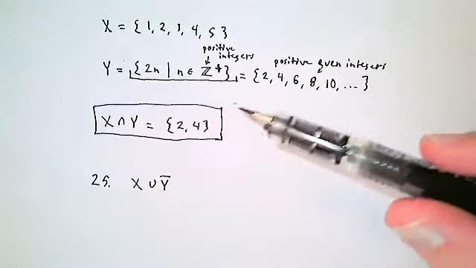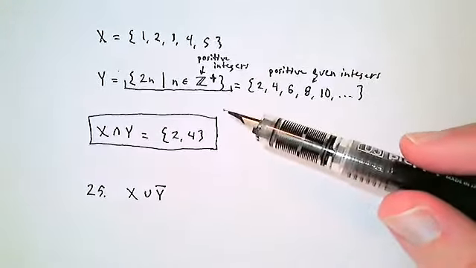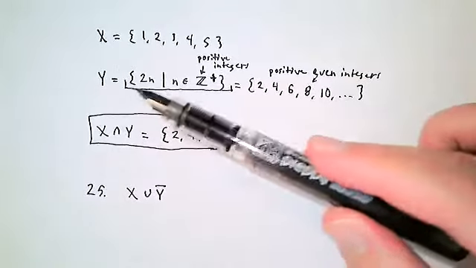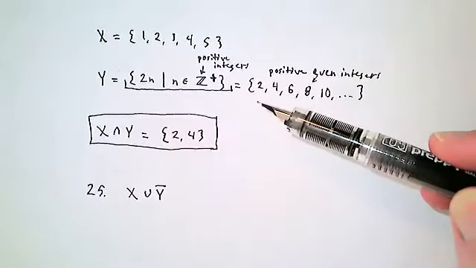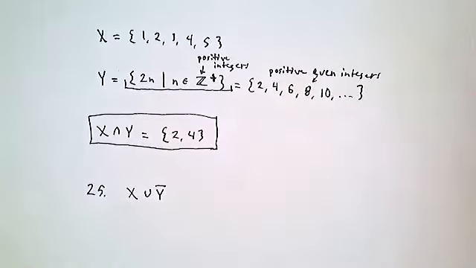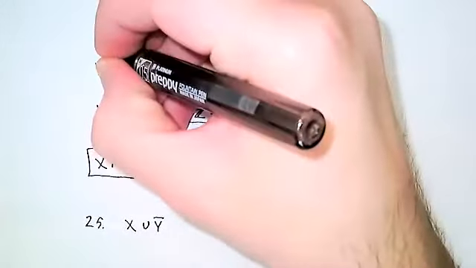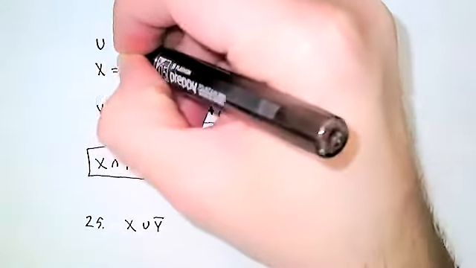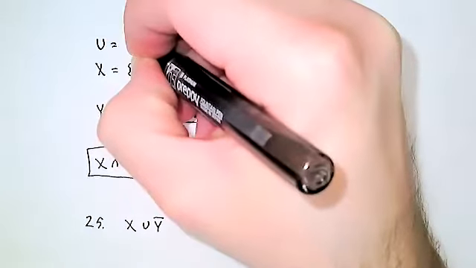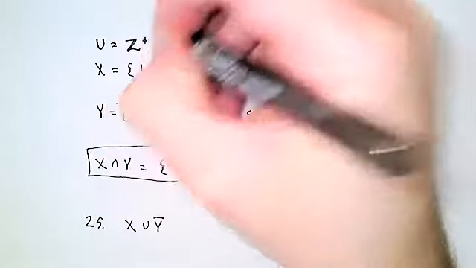So what are the positive integers that are not in y? And I should add a note here at the beginning that our universal set is the positive integers, Z plus.